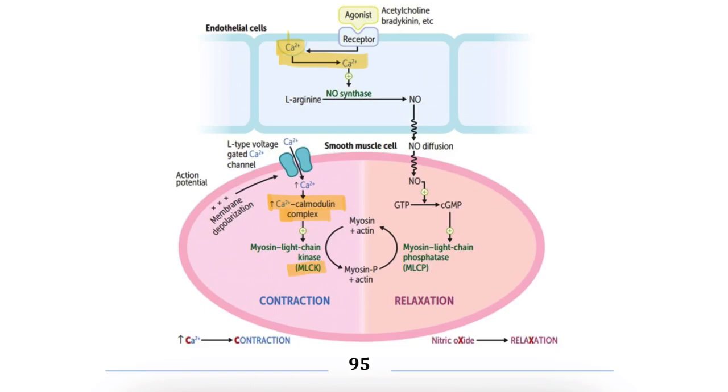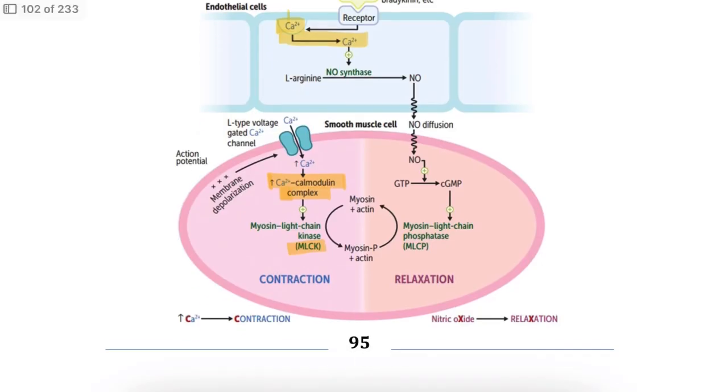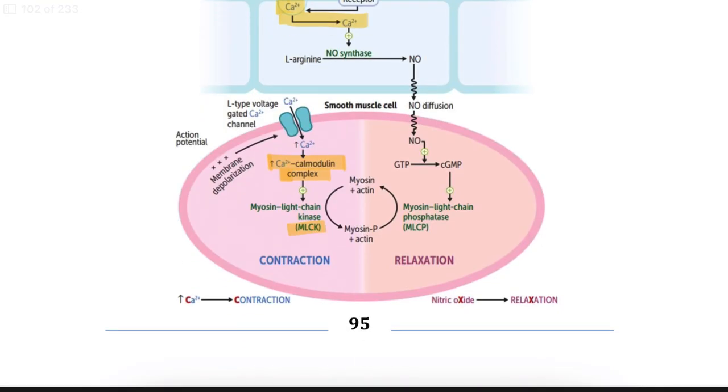Next, cross bridge formation: activated myosin binds to actin and contraction occurs. So this is the contraction process.